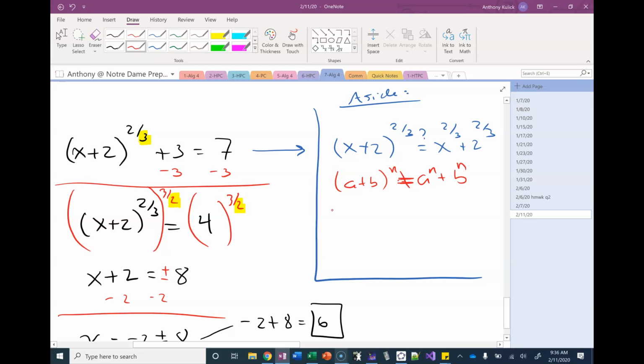And you might say, well, hold on a second, Mr. Kulik, wait a minute, isn't that one of the properties? No. This is one of the properties that an exponent can apply across a multiplication symbol, but it does not apply across an addition or subtraction symbol.